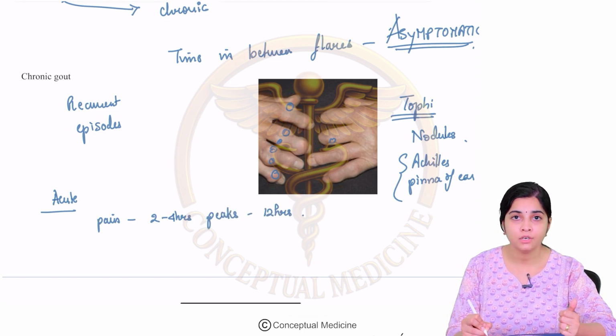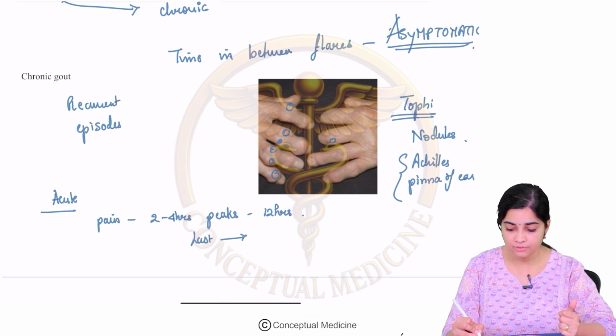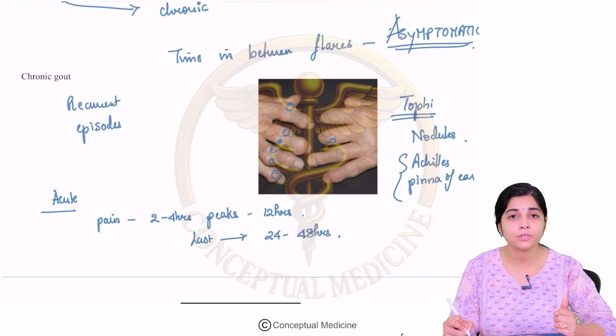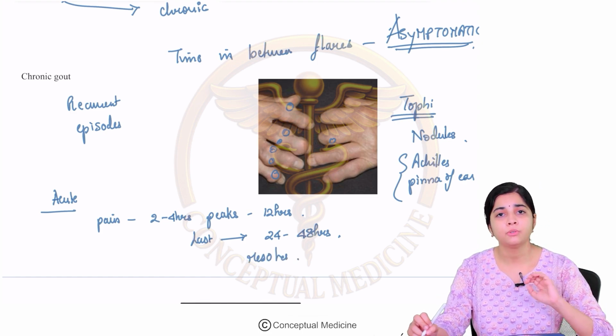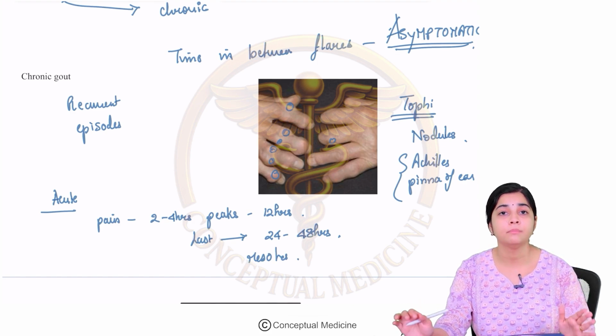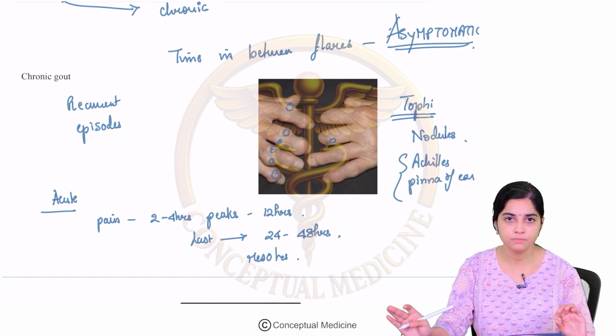And how long does it last? It lasts for around 24 to 48 hours, and then it resolves, right? So very importantly, even if you don't do anything for an acute gout, it may resolve on its own. Okay?